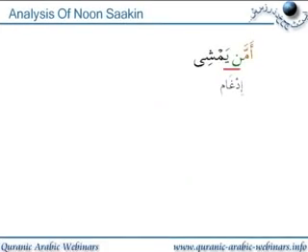So we'll do some analysis. This is for Noon Saakin. So we have here amman yamshi. But if we apply the rule, because we've got Noon Saakin followed by one of the Yarmaloon letters, the letter Ya is in the Yanmu group, so there's going to be Ghunna, so we've indicated it with green.